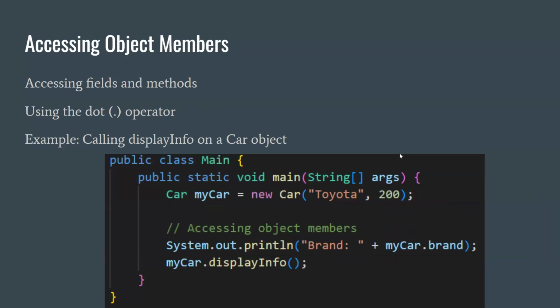Accessing object members. In order to interact with an object, you need to use the dot operator. This allows us to access the object's fields and methods.